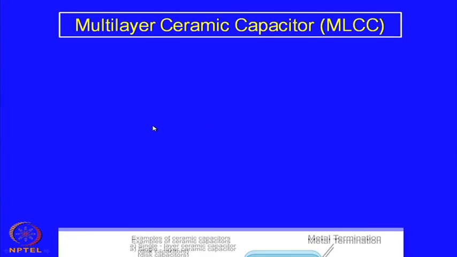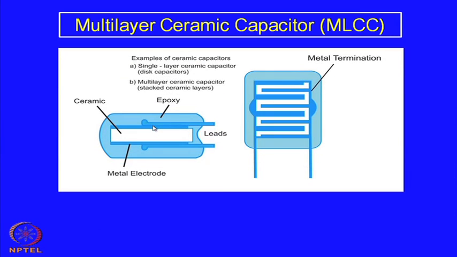I will give you an example of how it is exactly done. It is what we call the multi-layer ceramic capacitor or MLCC, and it has been compared with a single layer capacitor like this. So, this is basically a single layer capacitor, sometimes called a disc capacitor. This is nothing but a small ceramic disc, maybe a millimeter thick, and on two surfaces, the circular surfaces, you have electrodes.